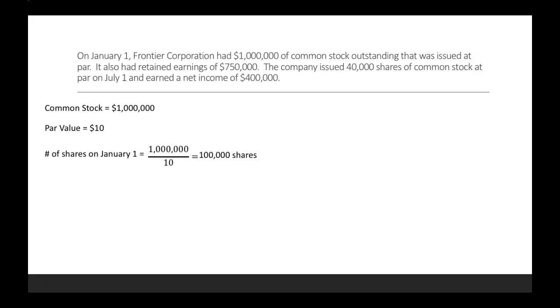But we are declaring the stock dividend in December. So just because we had 100,000 shares in January doesn't mean that we still only have 100,000 come December, right? So the problem tells us that we also issued 40,000 more shares in July. So our number of shares after July would be 100,000 plus that 40,000 that we issued. So now we're sitting at 140,000 shares.